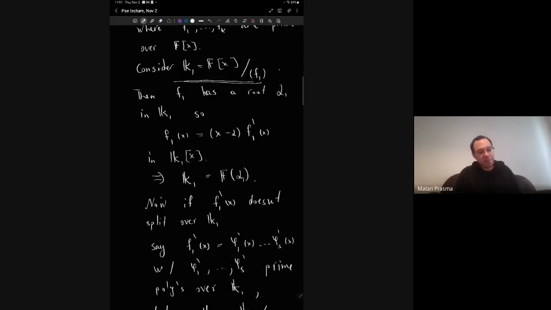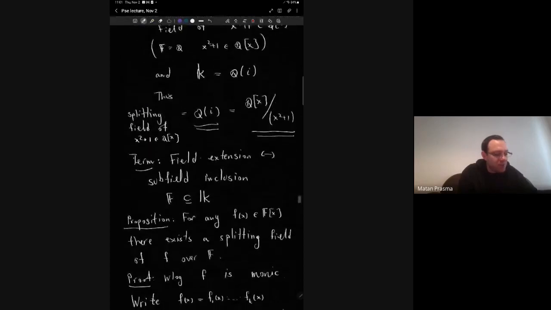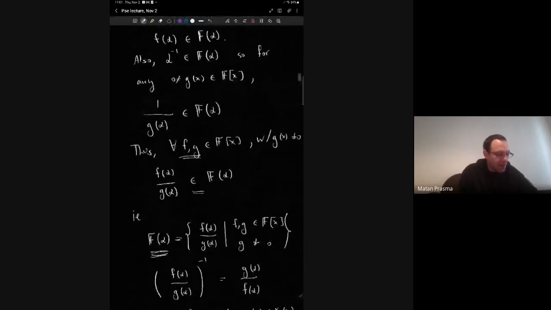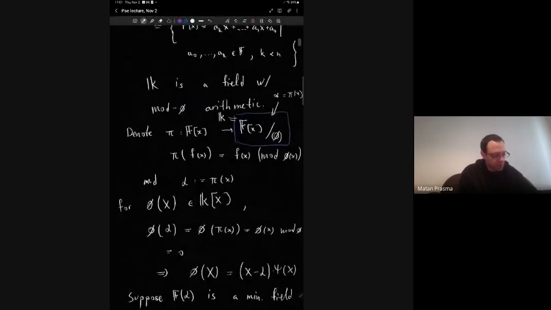So this is the preliminary discussion we had in the beginning. Whenever you mod out by a prime polynomial, the resulting field has a root. This is the heart of all of this discussion. I take a prime polynomial phi, and I look at F[x] modulo phi.